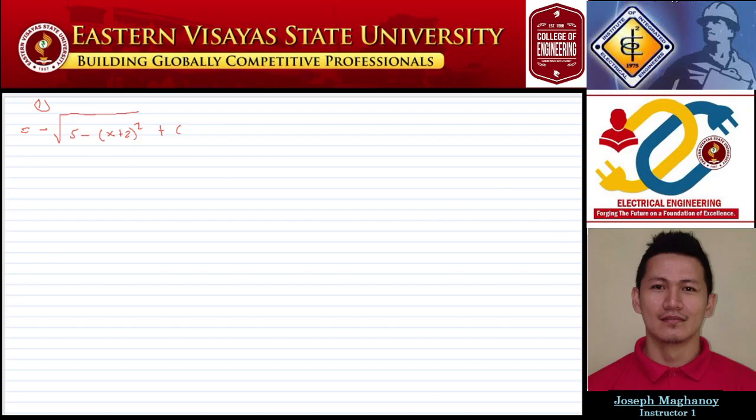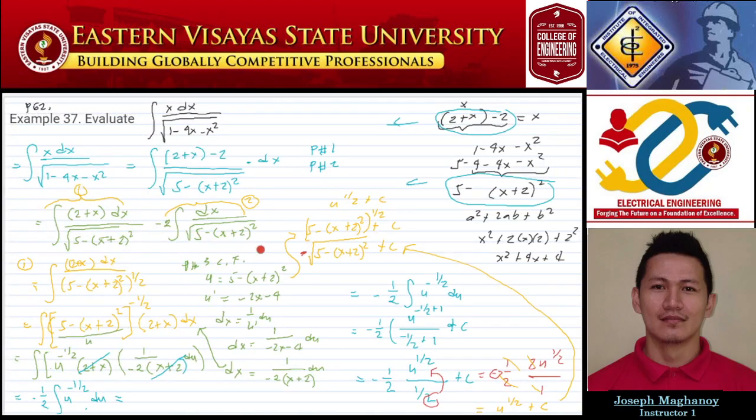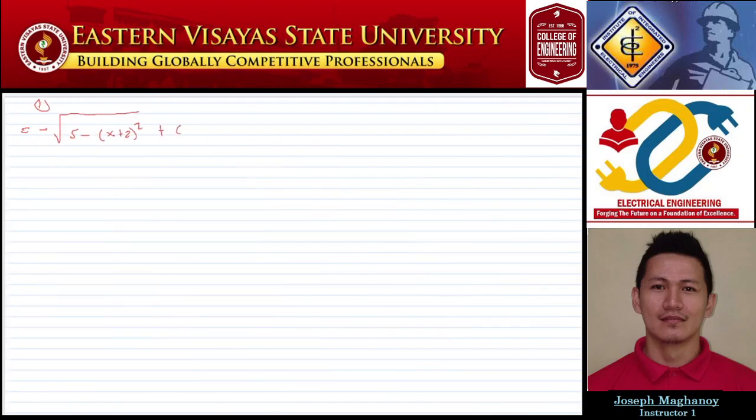How about our second subject? We still need to solve this one. So that is your negative 2 dx over square root of 5 minus quantity x plus 2 squared.